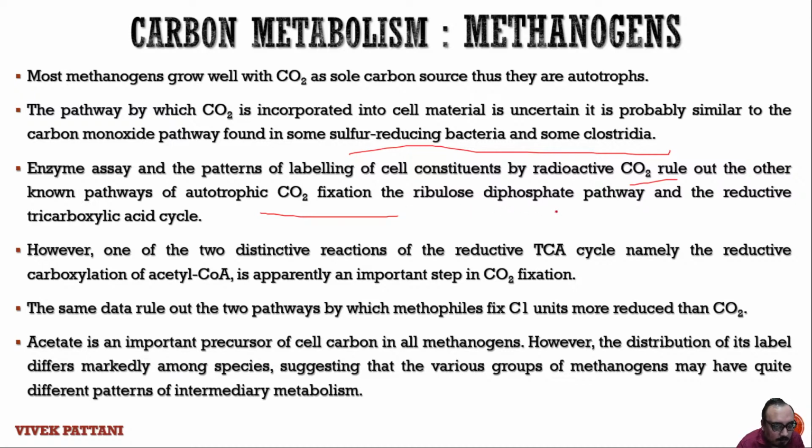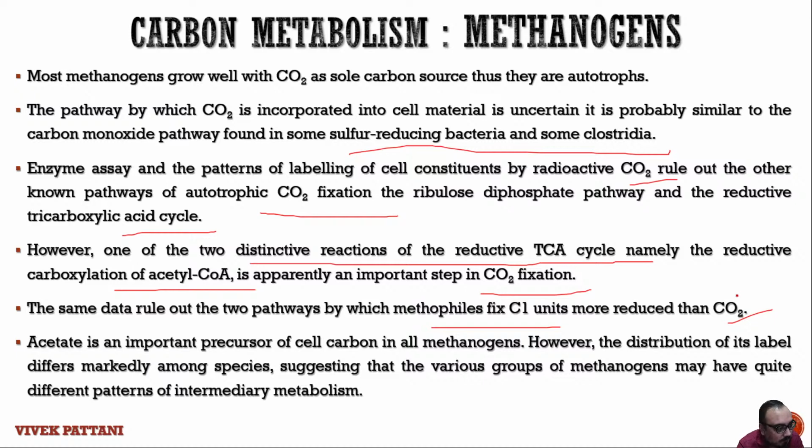The ribulose diphosphate pathway and the reductive tricarboxylic acid cycle are also used. However, one of the two distinctive reactions of the reductive TCA cycle, namely the reductive carboxylation of acetyl-CoA, is an important step in the fixation of carbon dioxide. The same data rule out the two pathways by which methylotrophs use C1 units reduced from carbon dioxide.